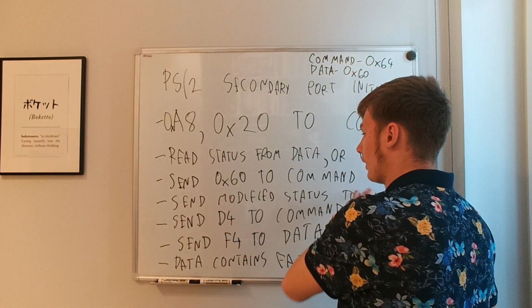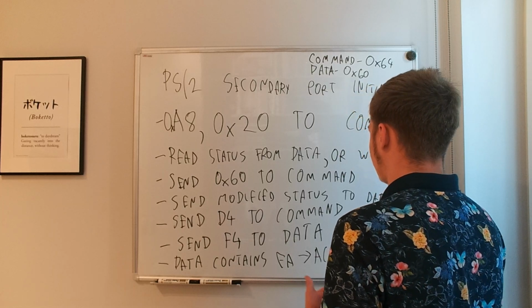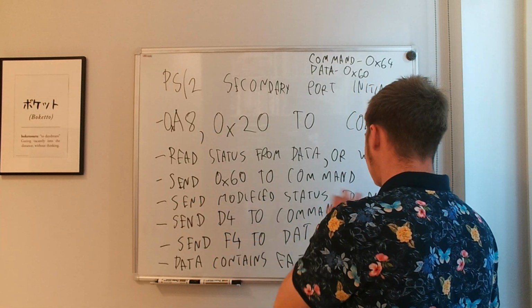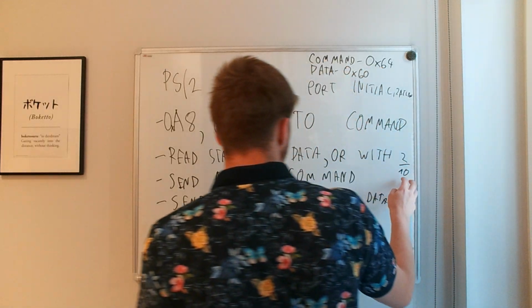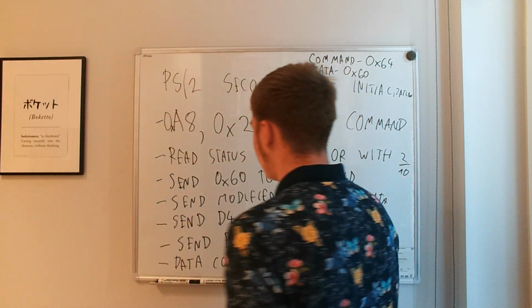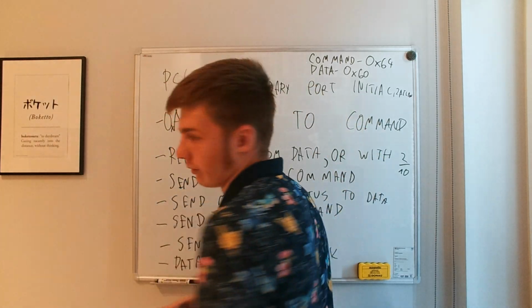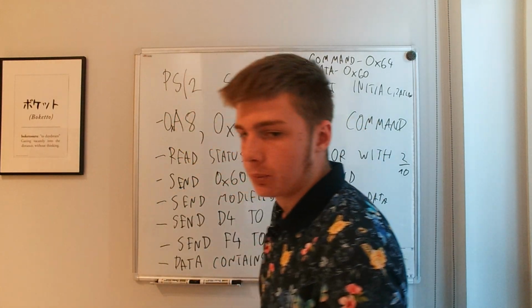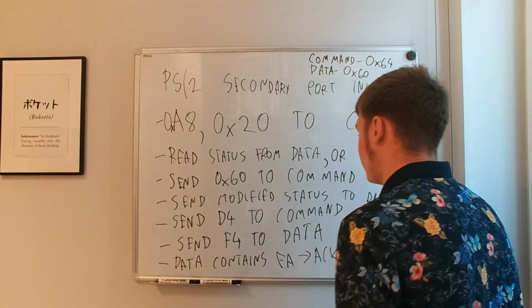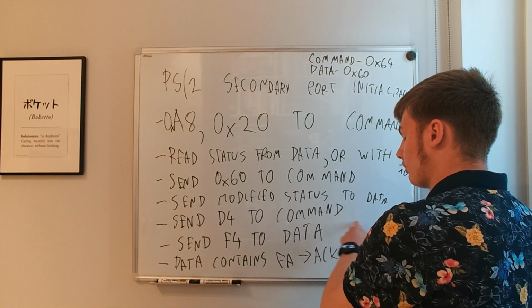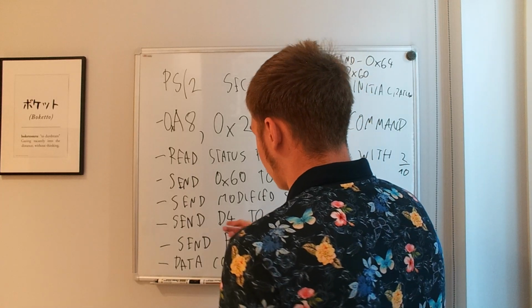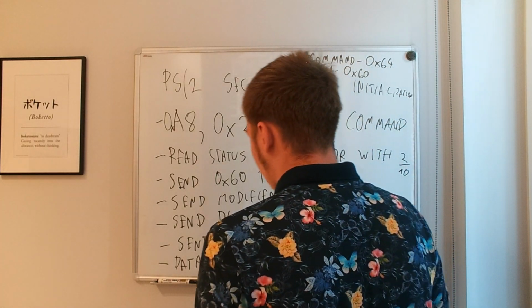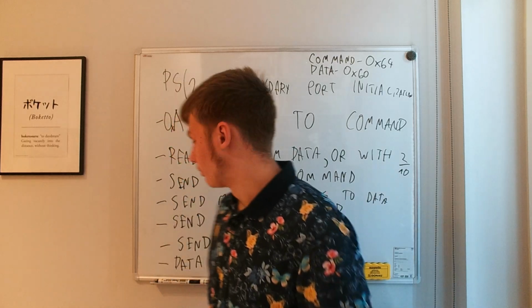Then we send a command to send a modified version of the status. We send the modified status, ORed with 2, so now we have this bit enabled, and now, after we've done this, we have enabled the secondary PS2 port, but it doesn't report any information. So we say that we want to change something about the way that it sends information, just anything about the port, which is D4, and we send F4, which means streaming report information mode.